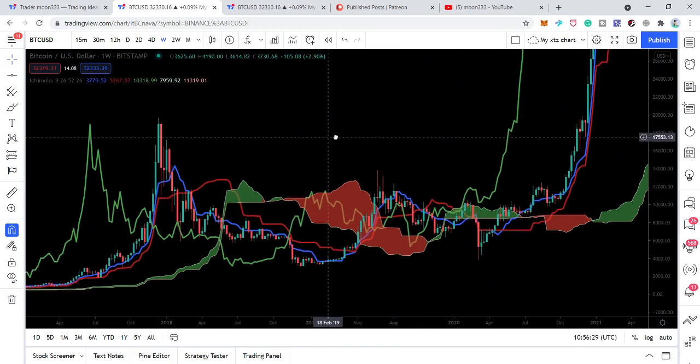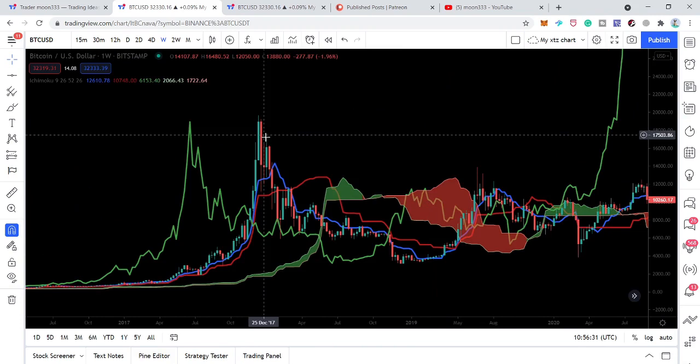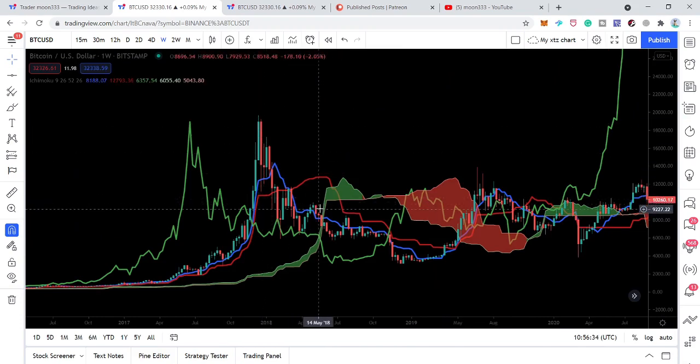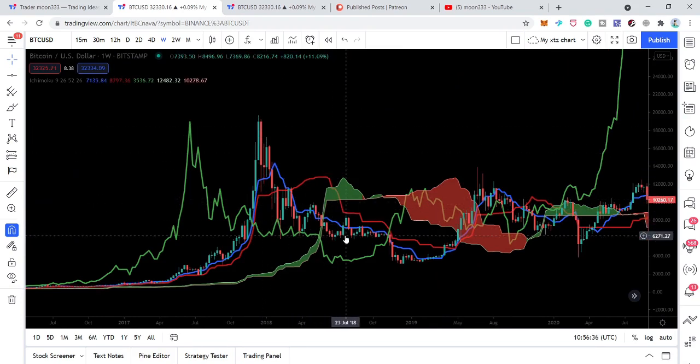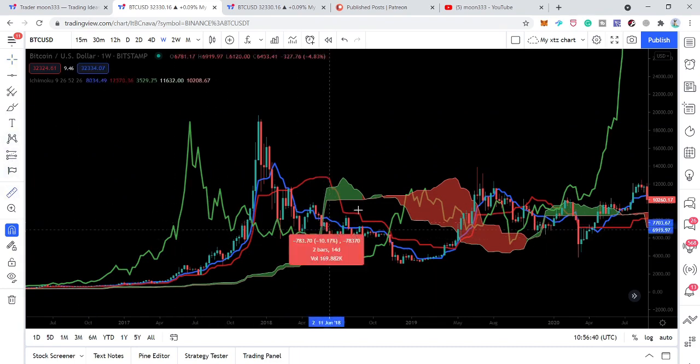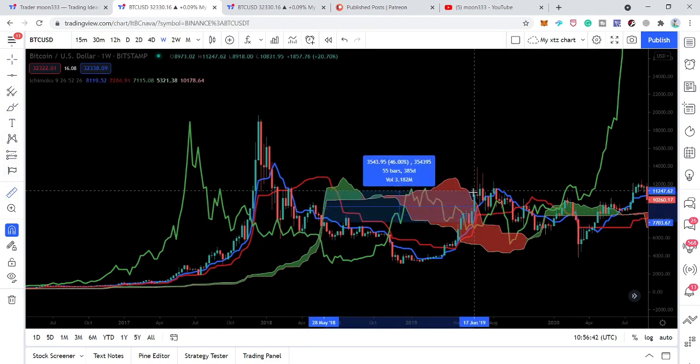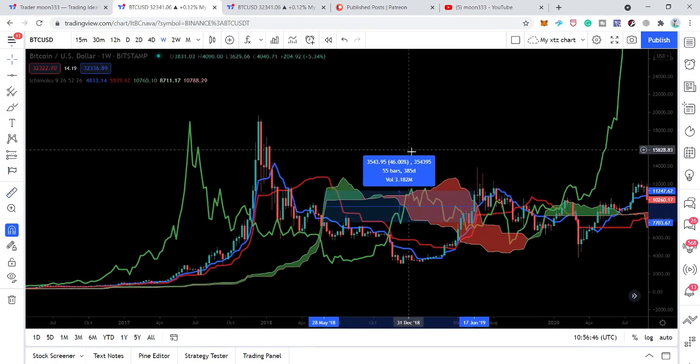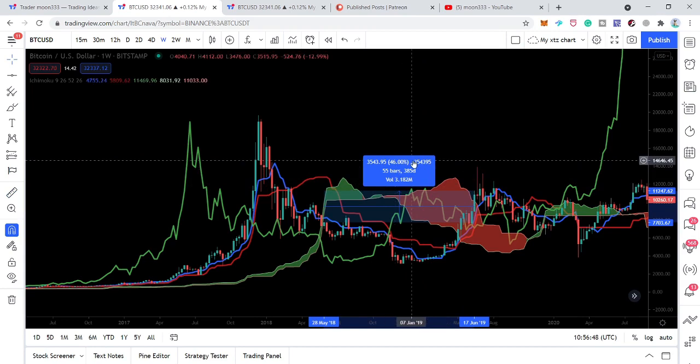And before that, after ending the bull run of 2017, when the price action crossed down this Ichimoku cloud, we can see that here the candlestick crossed up this cloud, and that was a period of more than 385 days, more than a year.